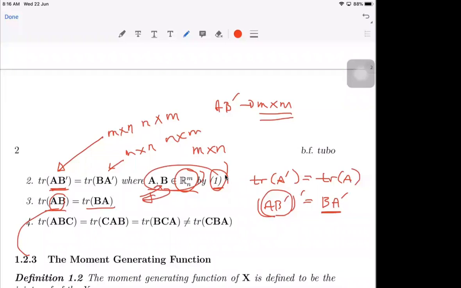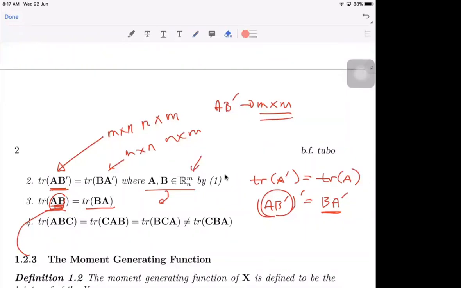So that's why this given here is not carried over, because if we use this, AB here is no longer conformable. So this is under the assumption that AB will be conformable under general conditions.